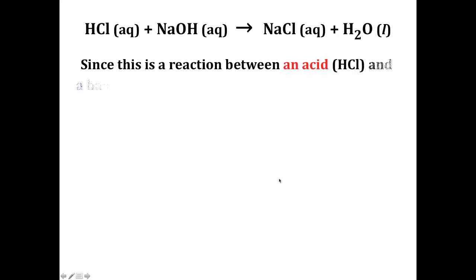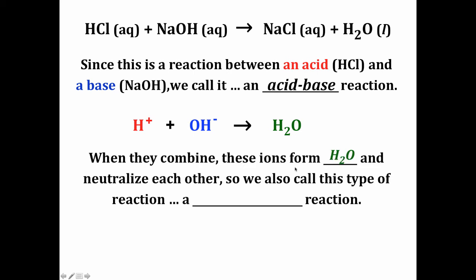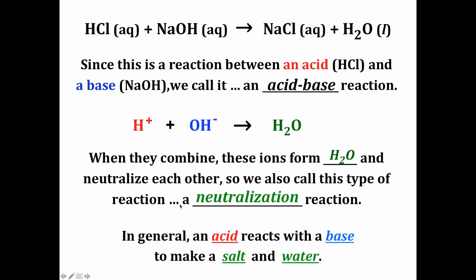Now, this is a reaction between an acid and a base, so wait for it, we call it an acid-base reaction. Pretty creative. And in general, acids have H+, bases have OH- or produce OH-, and when they combine, they make H2O, and the H+ and OH- ions essentially neutralize each other, so we call this type of reaction also a neutralization reaction.